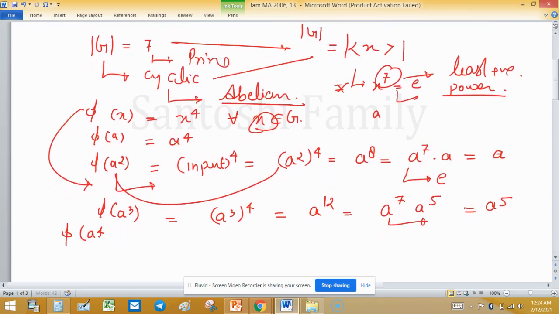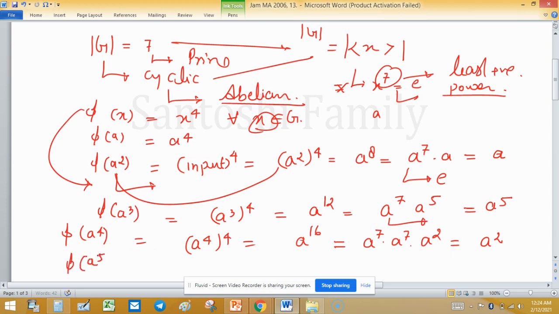Phi of a raised to the power 4 will be a raised to the power 4 raised to the power 4. By the defining nature of phi, it will be a raised to the power 16, which can be written as a raised to the power 7 into 2, so a squared.